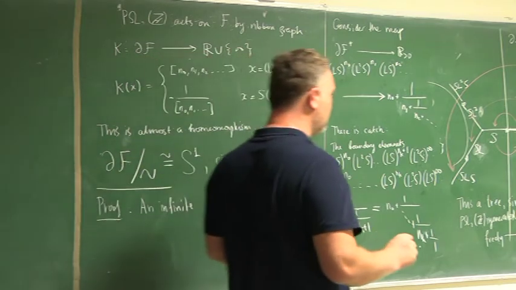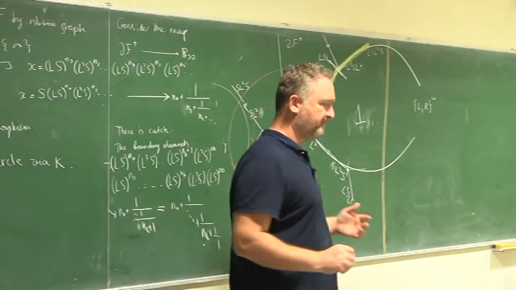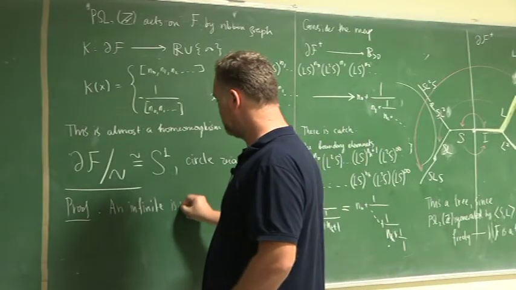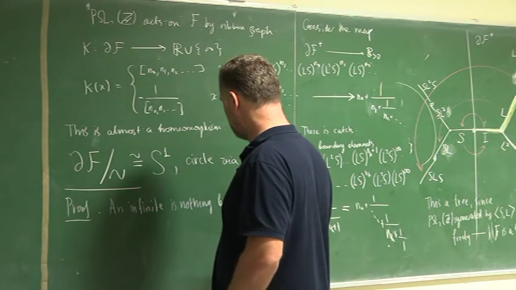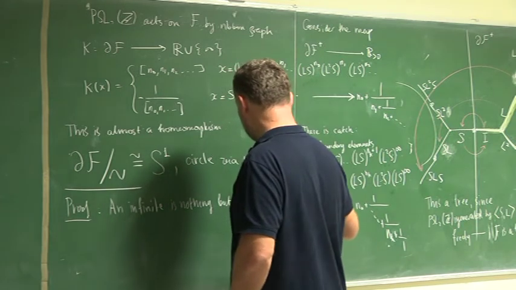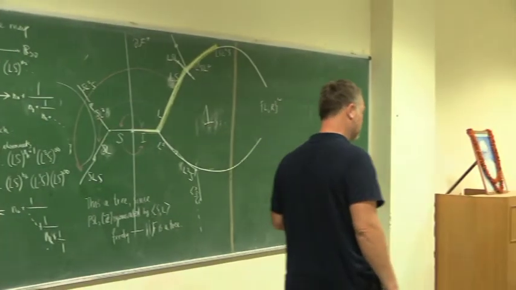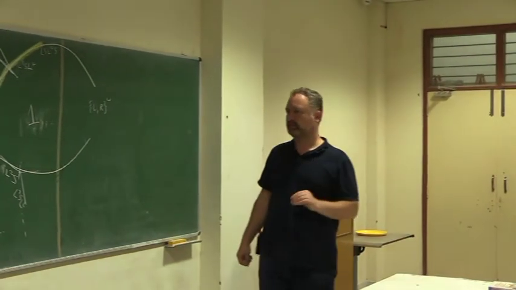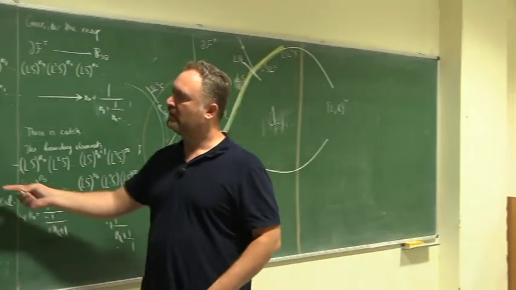Once you identify the finite paths via continued fractions with rational numbers, then every infinite path is nothing but a Dedekind cut. Because as I mentioned, this is an ordered topological space, so it makes sense to speak about Dedekind cuts. And this is the idea of the proof, that this thing is a homeomorphism.